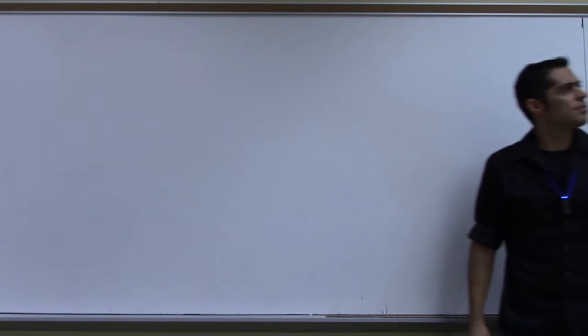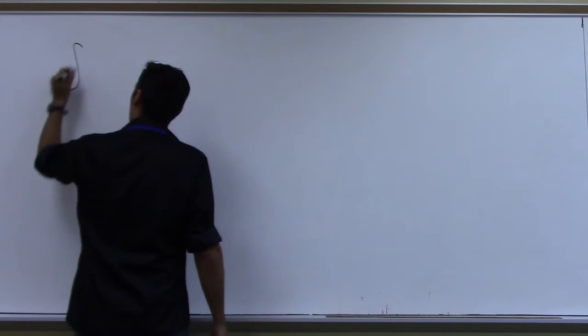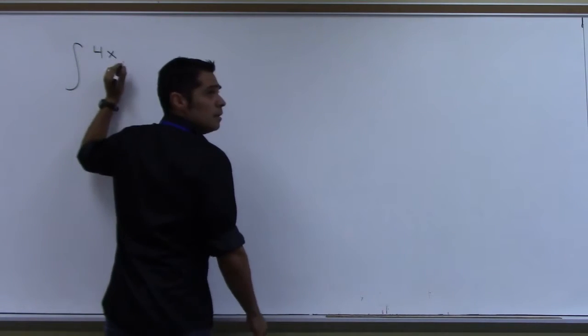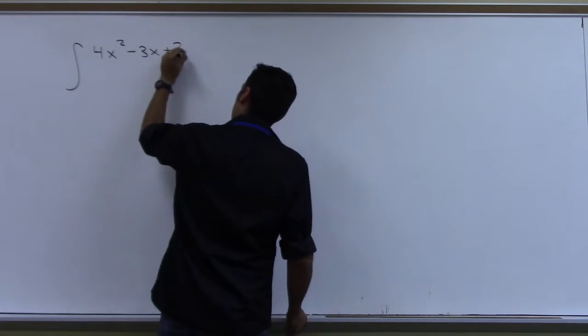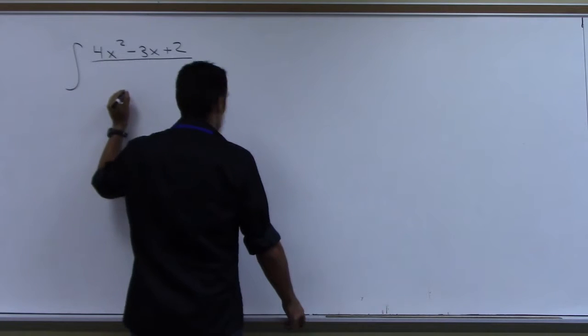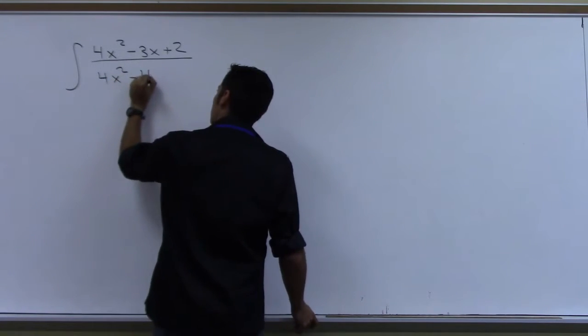All right, let's look at, was this the last example? 4x squared minus 3x plus 2 over 4x squared minus 4x plus 3.